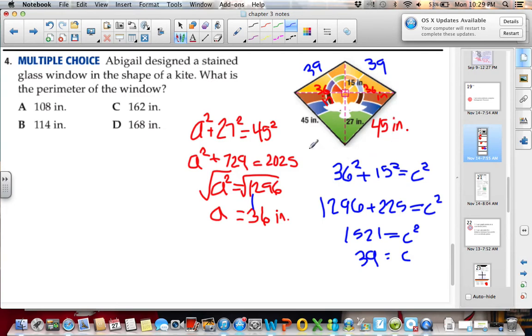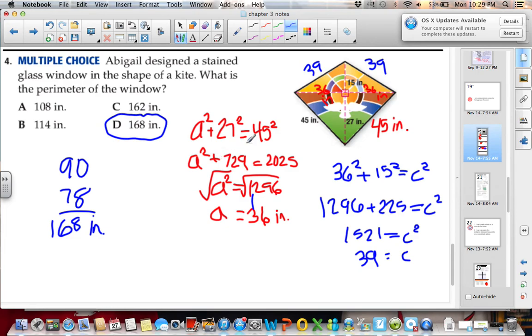So 45 plus 45 is 90. 39 plus 39, I know that 40 plus 40 is 80, minus 1 and minus 1, so 78. 90 plus 78, we have 0 plus 8, 9 plus 7 is 16, 168 inches, and I see that my answer then will be D.